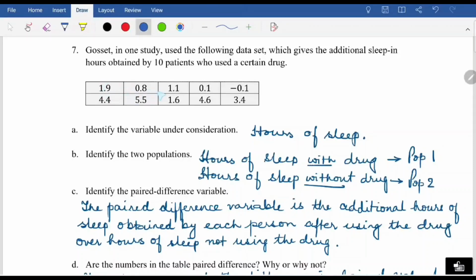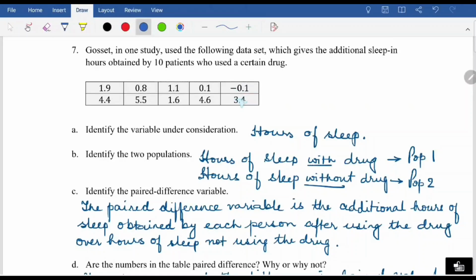And these numbers here represent the difference in the sleeping hours. So in one case, 1.9 hours of more sleep the person got after administering a certain drug. In another patient, he slept 0.8 hours, 1.1 hours.